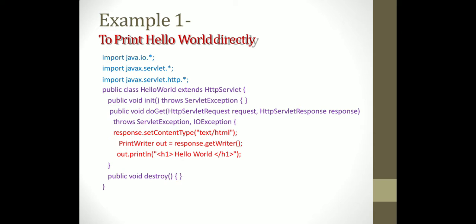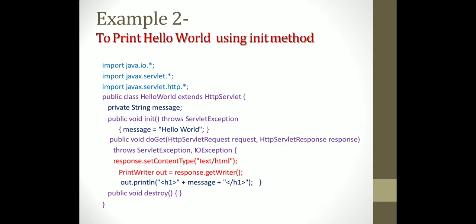All the packages we can see we have added: import java.io.*, import javax.servlet, then import javax.servlet.http. All the code is written in a well set manner, and you can see the message we have provided is hello world.